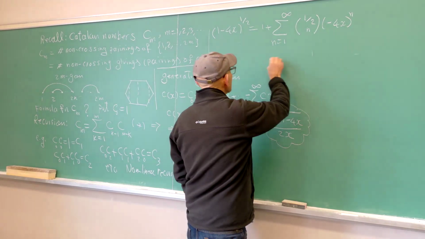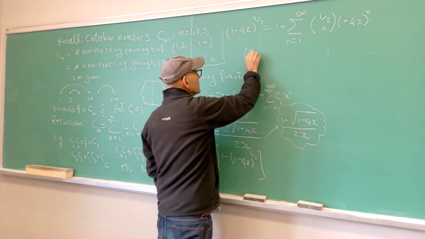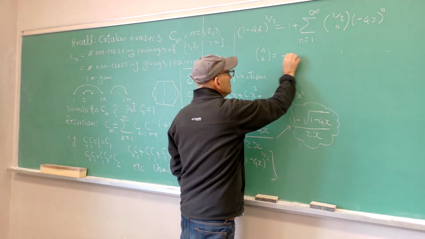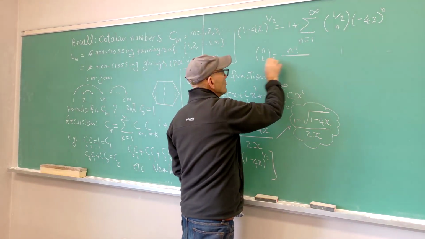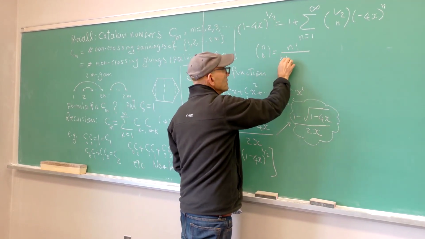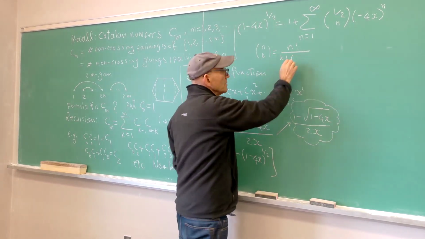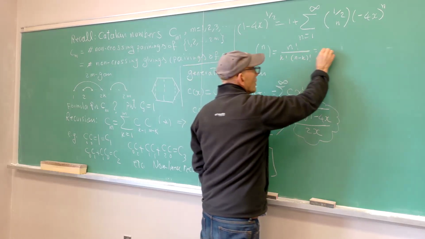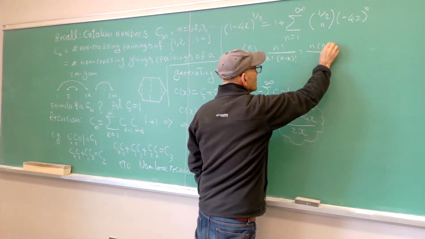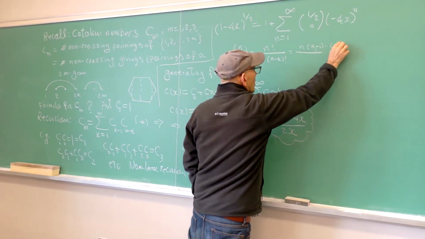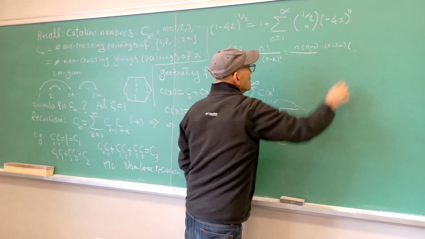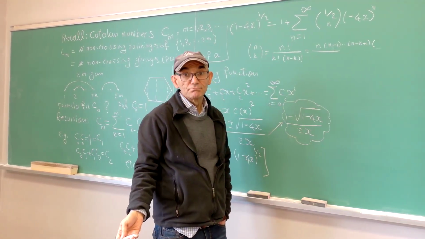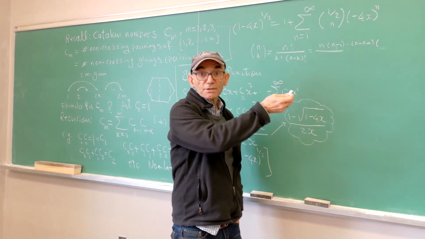So let's see, what is n choose k, for example, in general for integers? That's equal to n factorial over k factorial times (n minus k) factorial. So this you can write as n times (n minus 1) up to (n minus k plus 1), and then (n minus k) factorial. The remainder is just (n minus k) factorial.